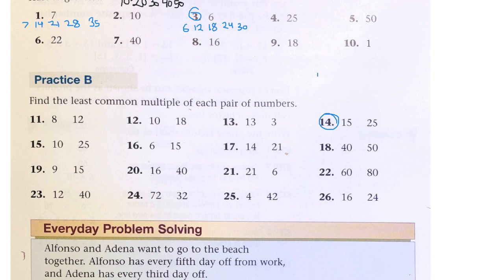So for 15, we're going to have 15, 1 times 15, 2 times 15 is 30, 3 times 15 is 45, 4 times 15 will be another 15 on top of that, so that will be 60, and then another 15, 5 times 15 would be 75. So there's 5 multiples. Let's see if that's enough.